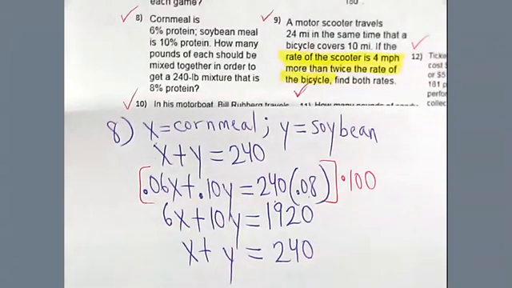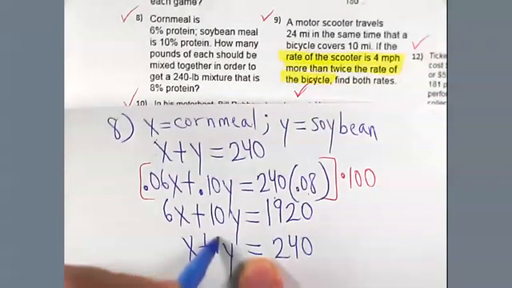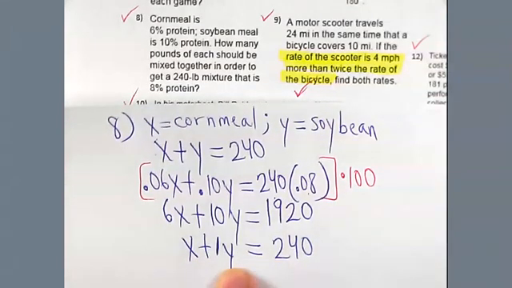You can either solve this by substitution or elimination; it will be about the same amount of steps. I'm going to use elimination this time around. In order to eliminate the y's, the number in front of the second y has to be a negative 10. So we need to multiply the entire second equation by negative 10.